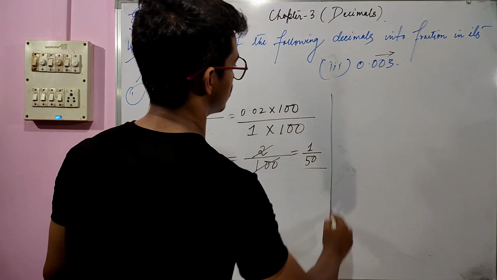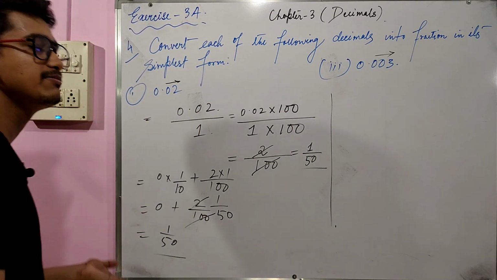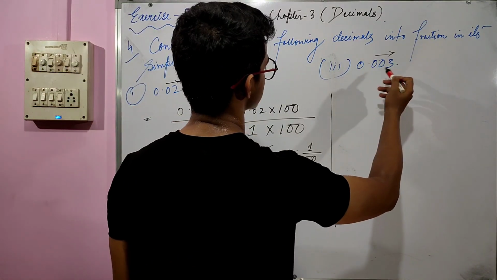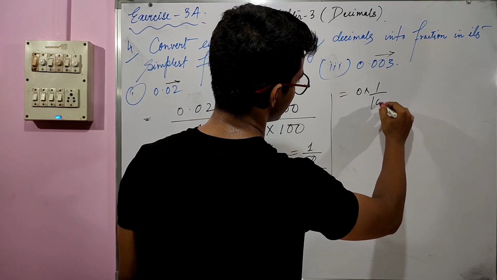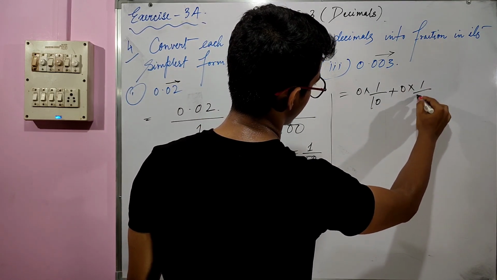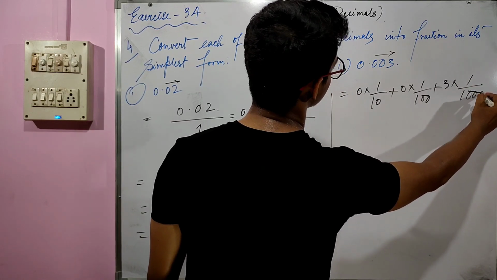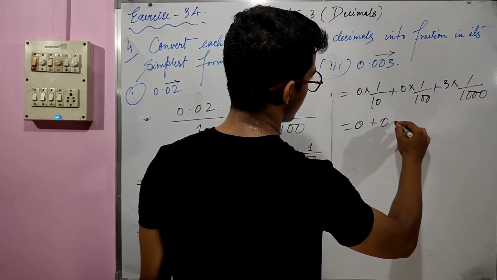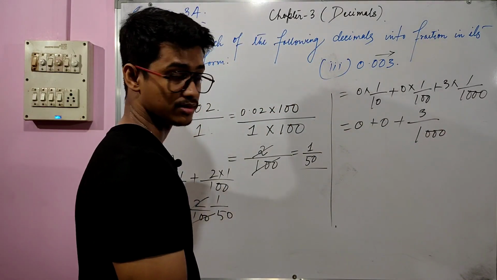So let's jump into question number 3. How will you do it? By simply doing the expanded form. The expanded form of this particular number is 0 into 1 by 10 plus 0 into 1 by 100 plus 3 into 1 by 1000, and 0 into any number will be 0. So 0 plus 0 plus 3 by 1000, which is 3 by 1000.